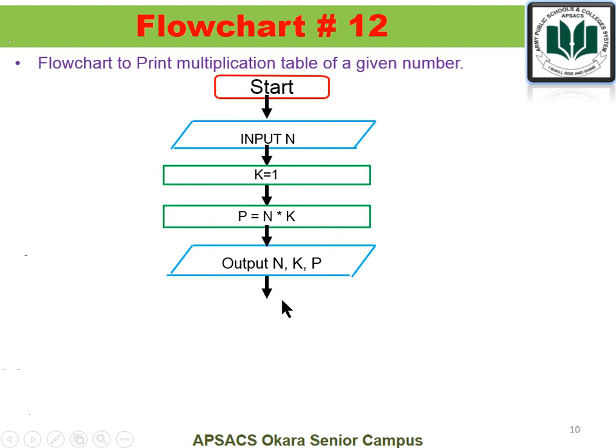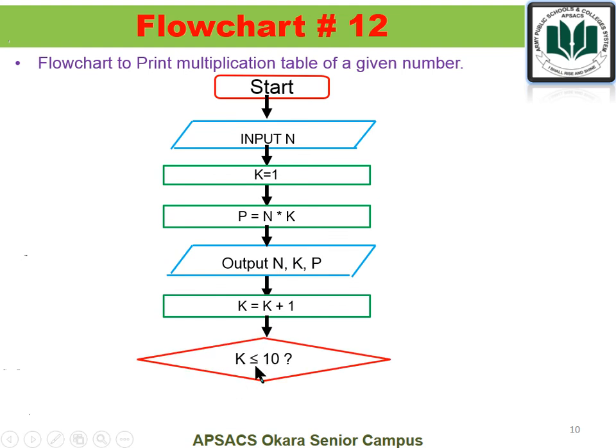So now I will increment the value of k. After printing the output, the first output will be 5 cross 1 equals 5, and the next, 5 cross 2 equals 10. Then I will compare the value of k.